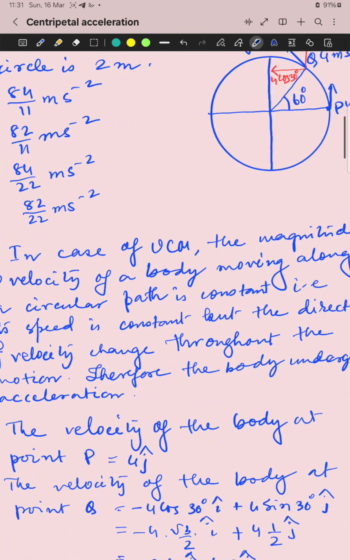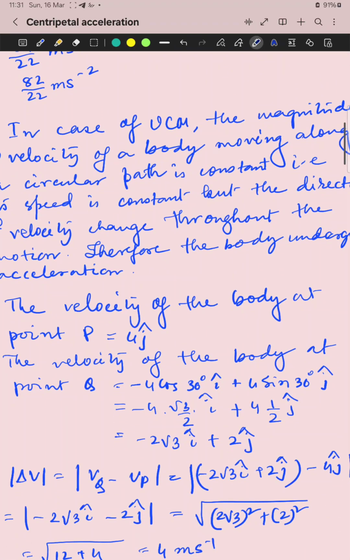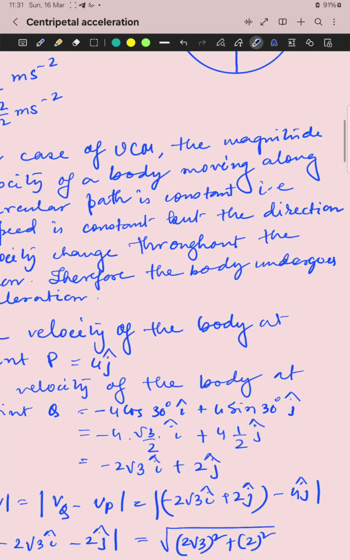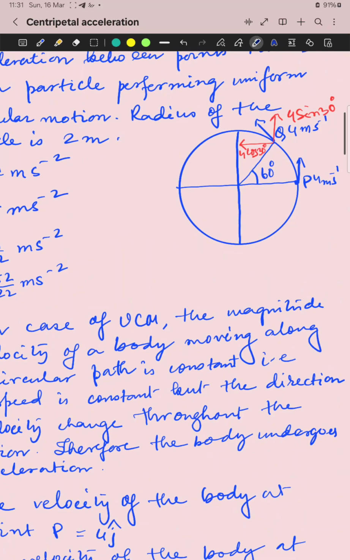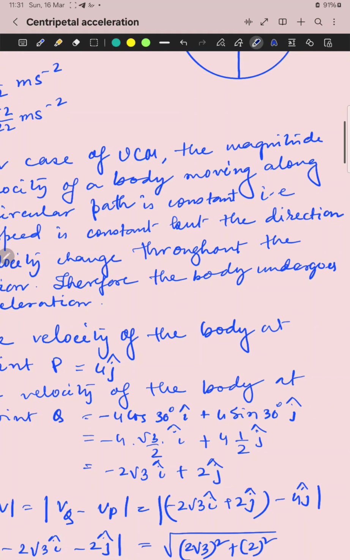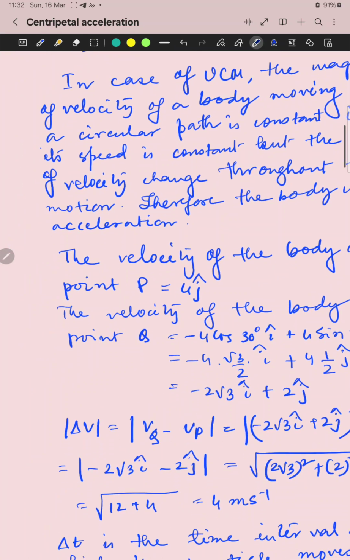Now here the velocity of the body at point P we can take in the vector form as 4 j cap. As you can see, the body is moving along the positive y direction, so we have taken it as 4 j cap.